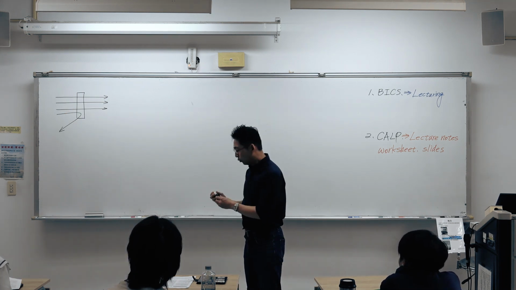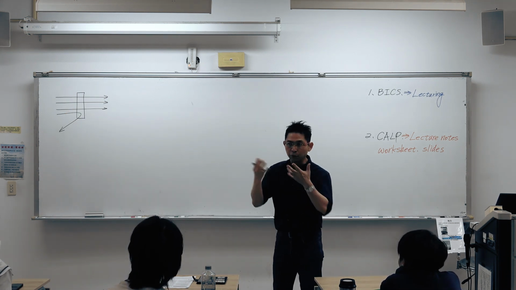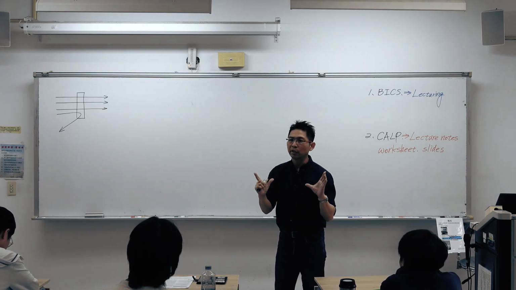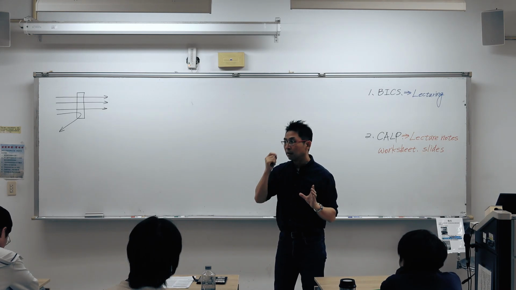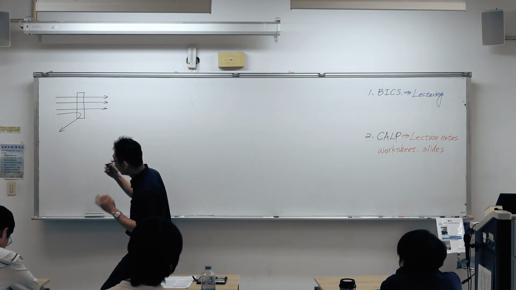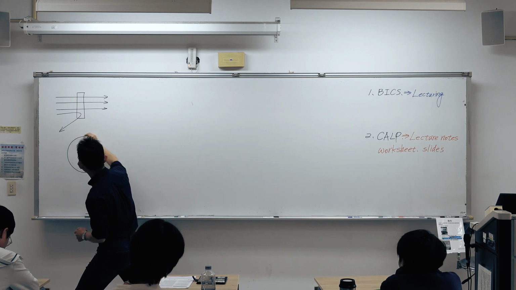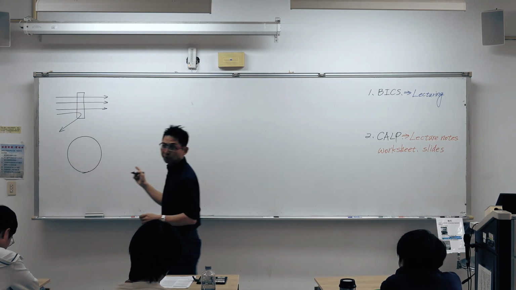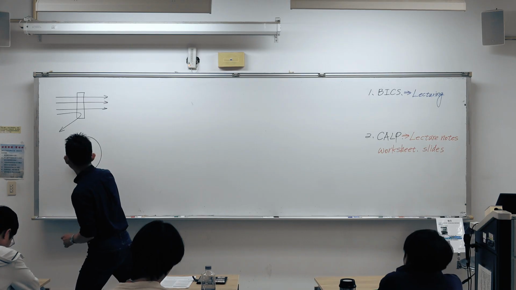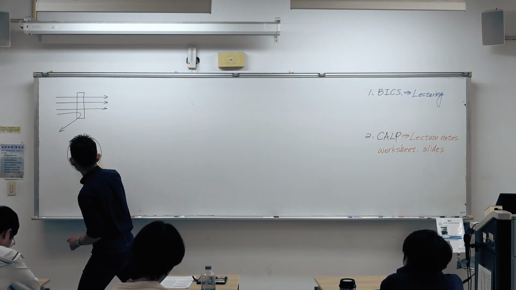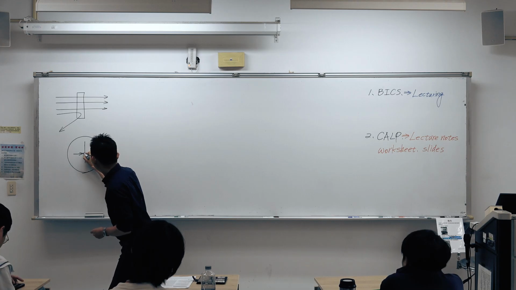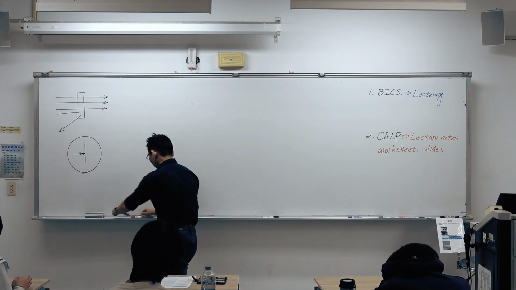Now, should we provide the apparatus and experimental setup for students? Should we tell students how we can conduct this experiment? Like the picture here, we actually have the source and sample, with particles impinging onto the sample.